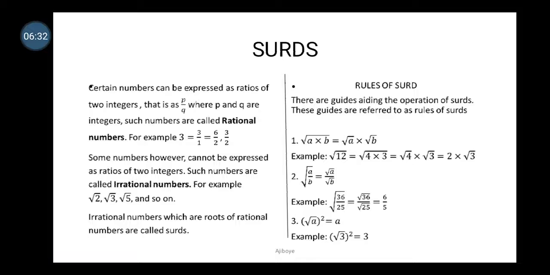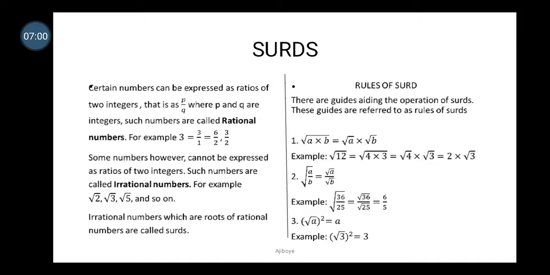Rule 3. The square of a square root is equal to a. Even from our knowledge of indices, that square root is index of half. So if you multiply the index of half by the power of 2, you get 1. So the square of a square root is the number under the square root.